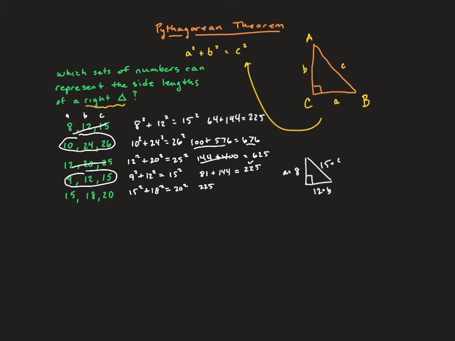So that's 225 plus 324, which is going to be equal to 400. That does not look correct, because these are not going to equal 400, so that is not going to be used for the Pythagorean theorem. That's how I can figure out if something is a right triangle, just by plugging my three side lengths into my little formula here, which we've been working with for years.